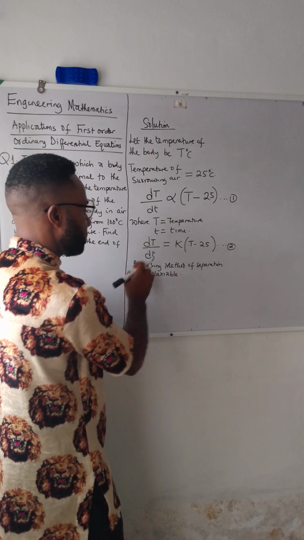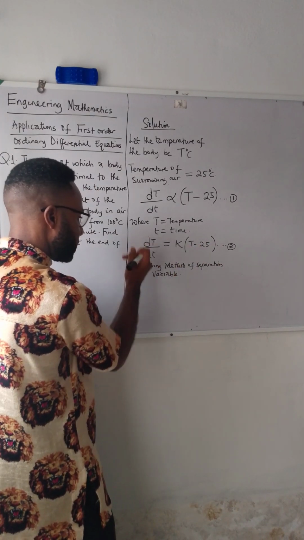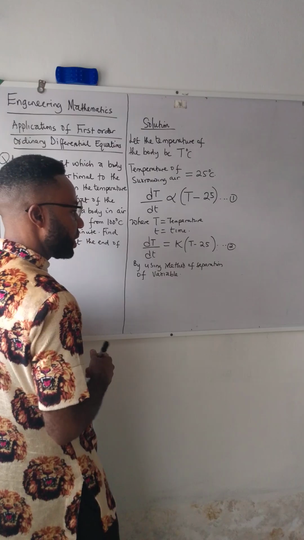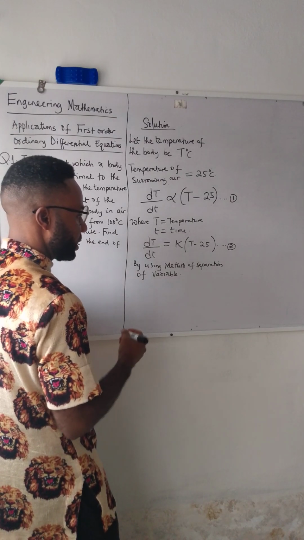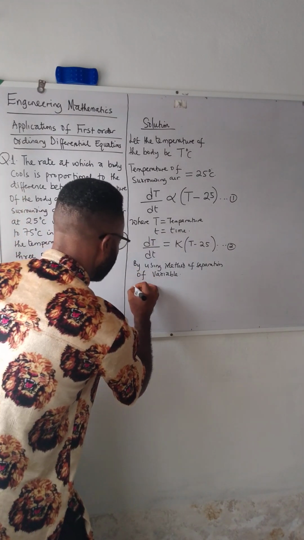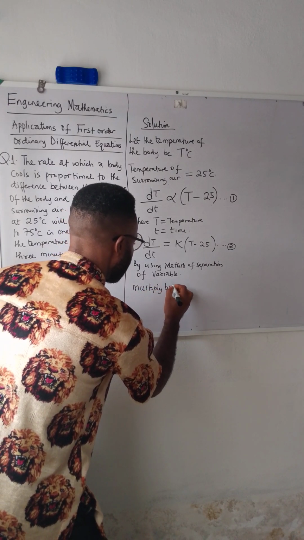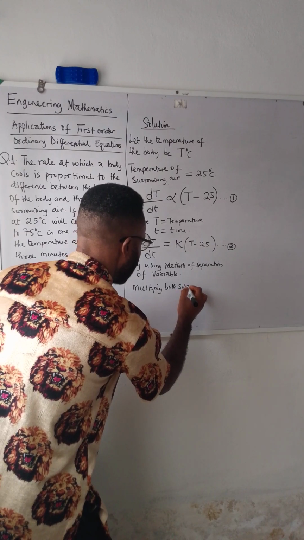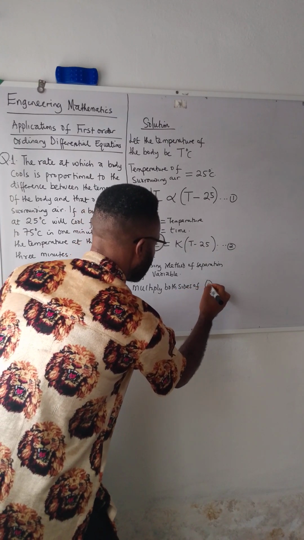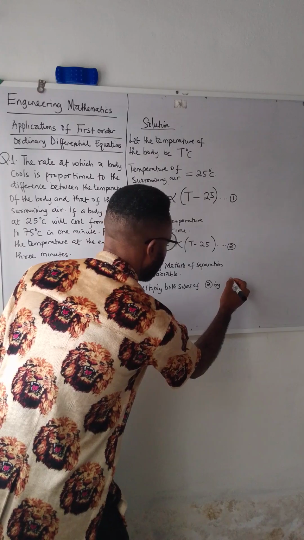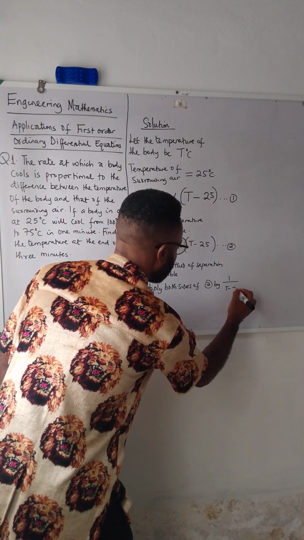So we've separated: the temperature will come here because this is temperature, and time will move down here. So in order to achieve that, first we have to say multiply both sides of equation 2 by 1 over (T minus 25).